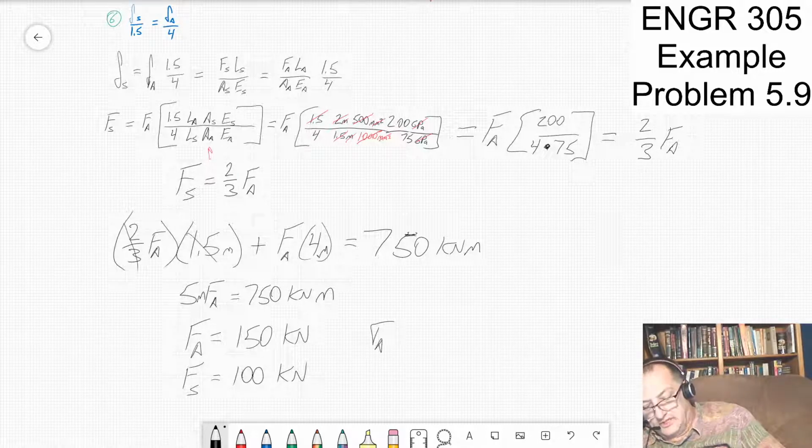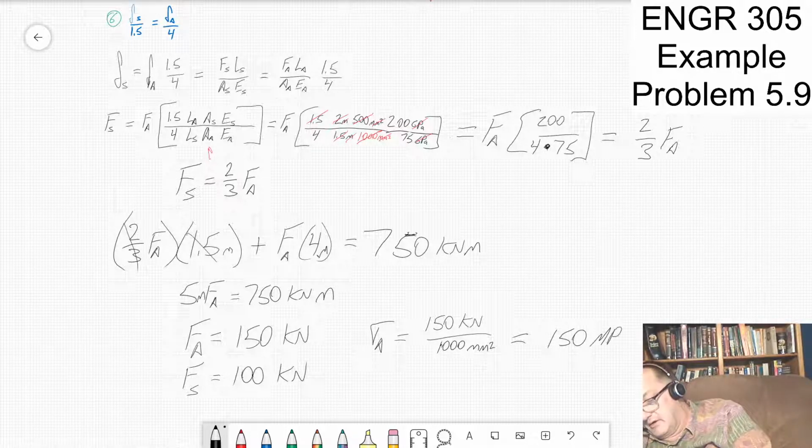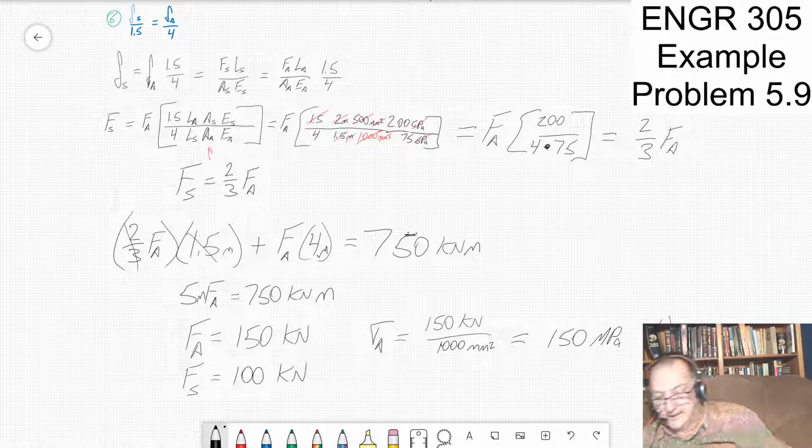I can do the stress in the aluminum is equal to 150 kilonewtons divided by 1,000 millimeters squared. And I really hate the units on that, but that's okay. That's 150 megapascals. It's in tension. We assume that, we knew that, right? Oh, yeah.